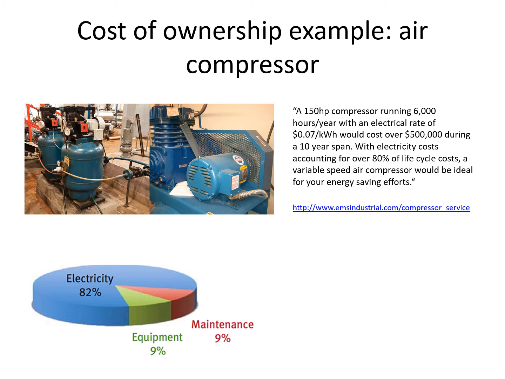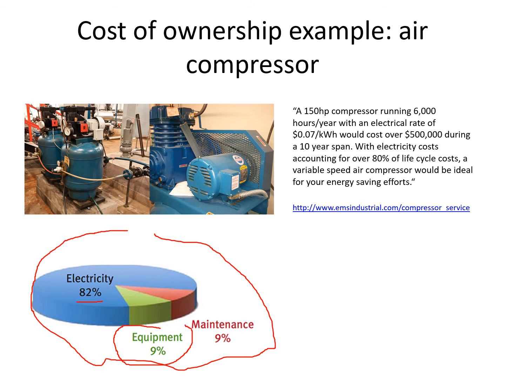Another quite typical example, just supporting the argumentation on the previous slide, is the cost of having an electric system for driving a compressor. The cost may look like that if we take lifetime. Electricity is 81%, equipment cost, the motor and the electronics, is just 9%, and maintenance 9%. What this picture is telling us is that efficiency of the motor can be quite important.